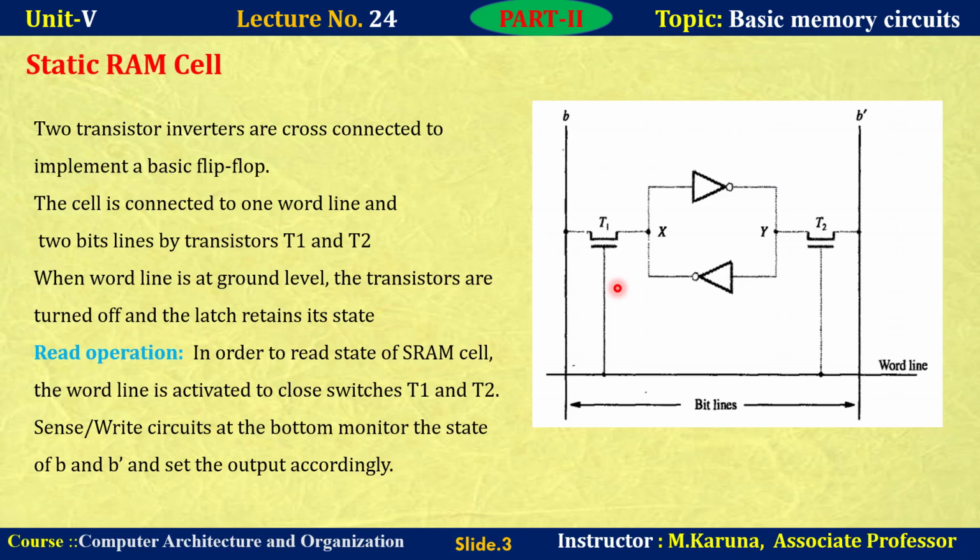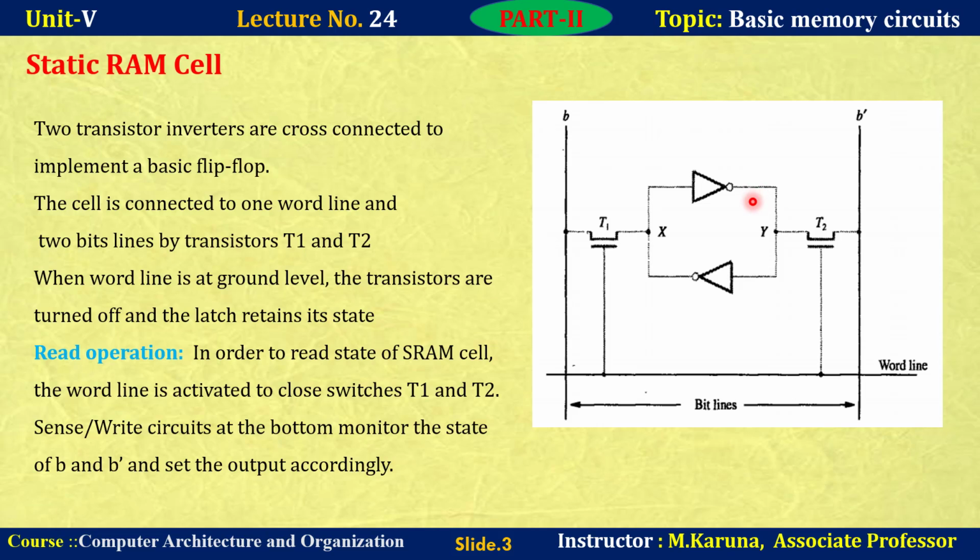Memories that consist of circuits capable of retaining their state as long as power is applied are known as static memories. So this SRAM, static RAM, consists of two inverters cross connected to form a latch.